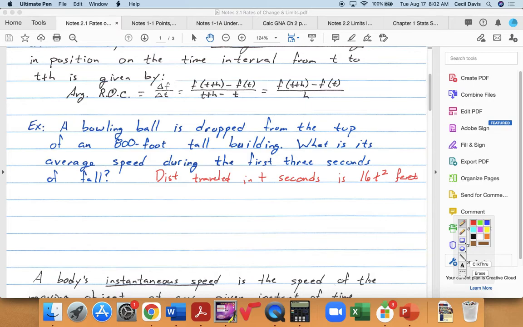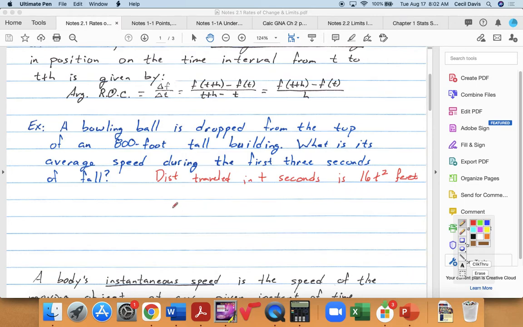And you may recognize that from physics, where acceleration due to gravity is negative 32 feet per second per second. You can, from that, get this equation. We will actually talk about some of those motion equations from physics. We're going to actually talk about the math behind those. Okay?